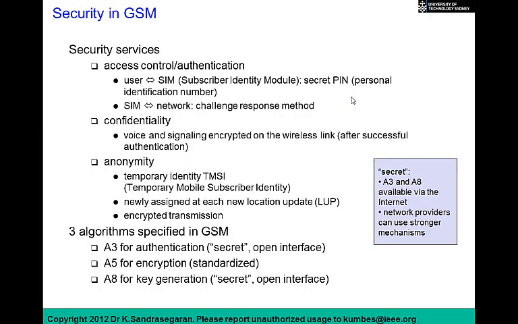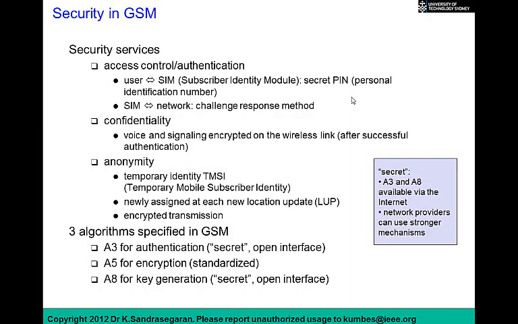The second aspect of security is confidentiality. That means nobody should be able to look at your data which you're transmitting across the GSM network. For that purpose, voice and signaling are encrypted over the air interface. A third aspect of security is anonymity. This is to do with the IMSI.